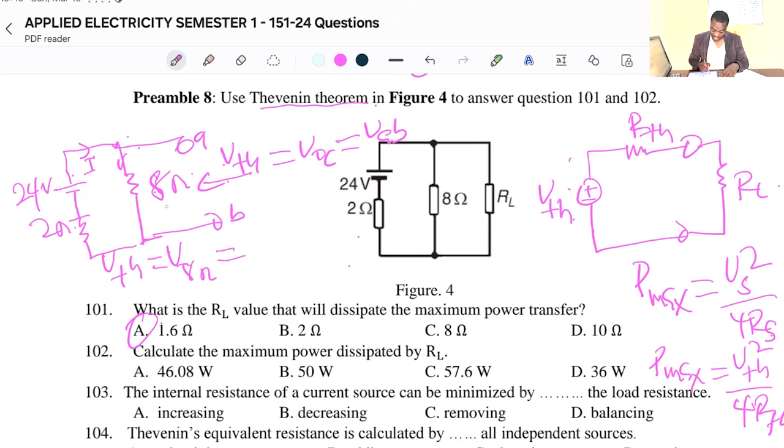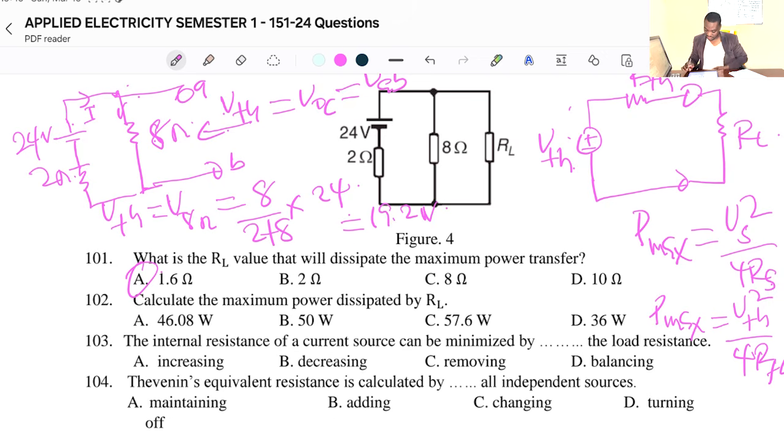Hence, to find the voltage across 8 ohms, it will be 8, the resistance, over the sum of the resistors in series, that is 8 plus 2, times the total voltage, which is 24. That gives the answer 19.2 volts.